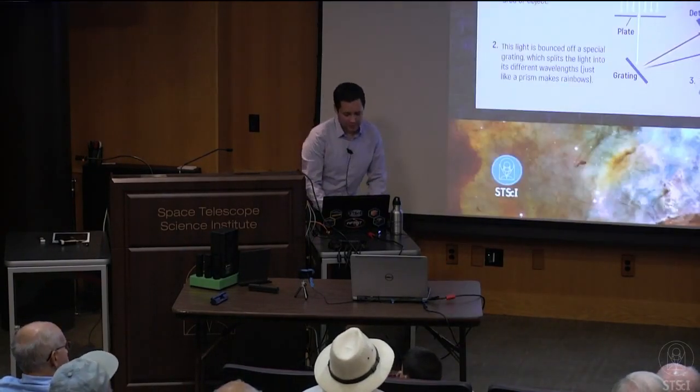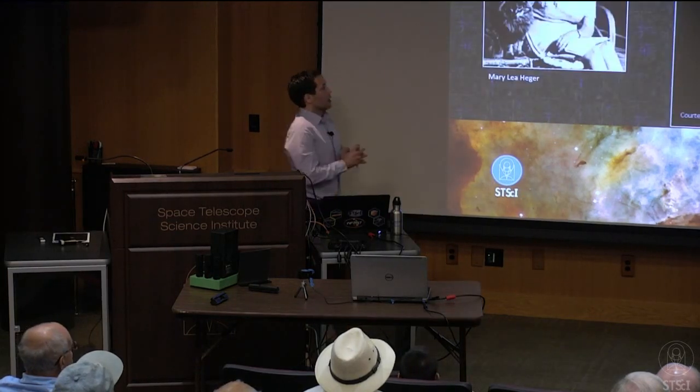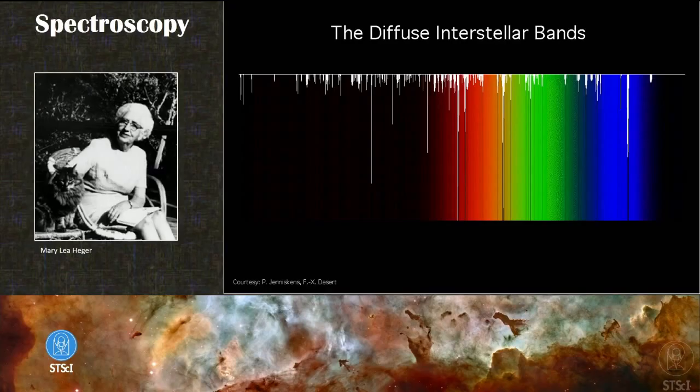All right, so this is what I studied as a graduate student, and this is something called the diffuse interstellar bands. There's probably 10 people in the world that study this. I'm only slightly exaggerating. But it's a very difficult mystery. This is a more modern day absorption profile look of it.